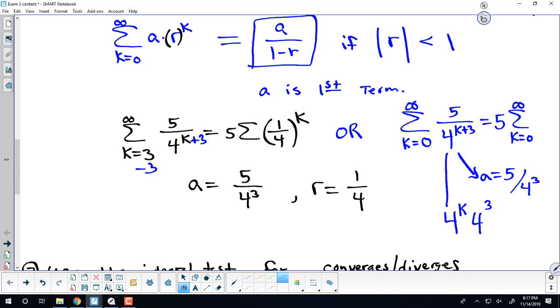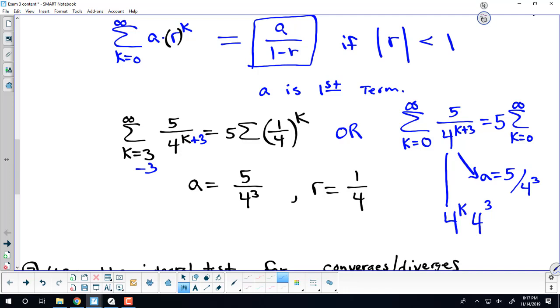The first term a will not be the same if I start this at 3 versus at 0 without shifting the index. If I start this 5 over 4 to the k at 3, then I have an initial term of 5 over 4 cubed. But if I start this at 2, then I have 5 over 4 squared as the initial term. That's really the only thing that changes.